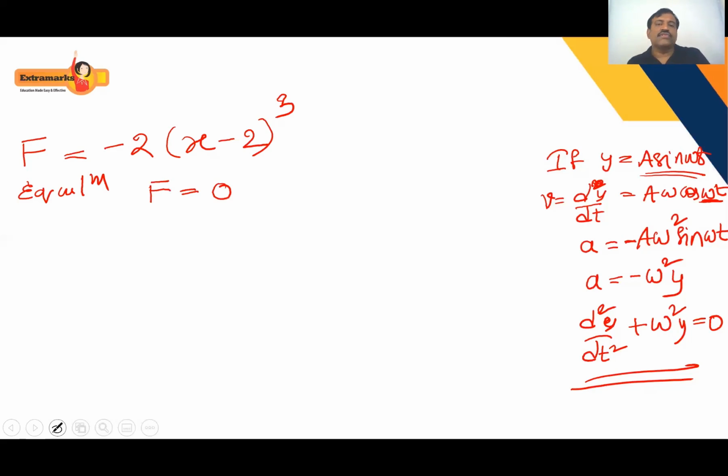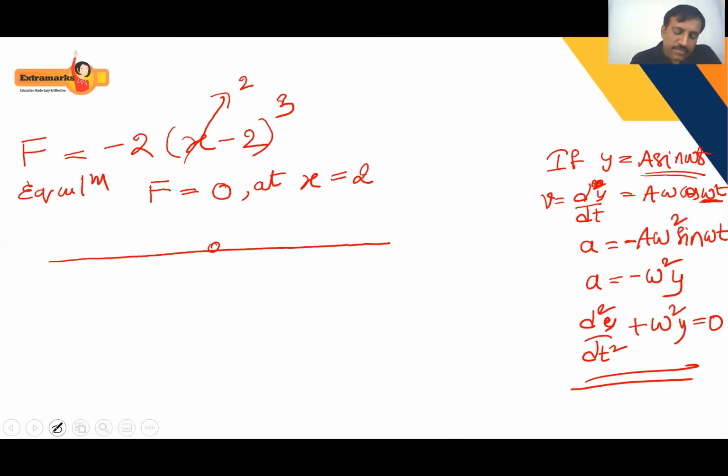When will force be 0? When x is 2, because 2 minus 2 becomes 0. That means the equilibrium position is at x is equal to 2. So now let me draw one line. This is x is equal to 2, the mean position or equilibrium position.